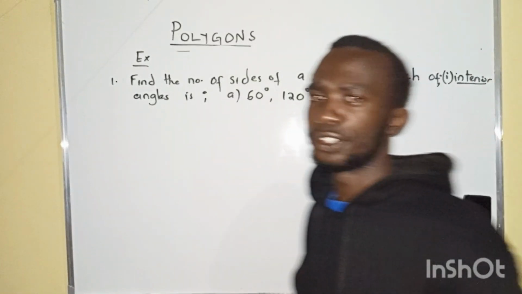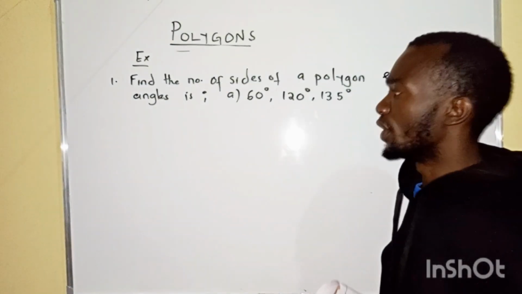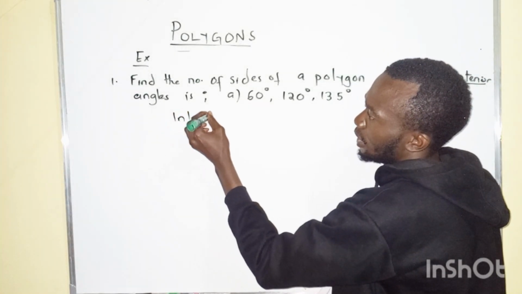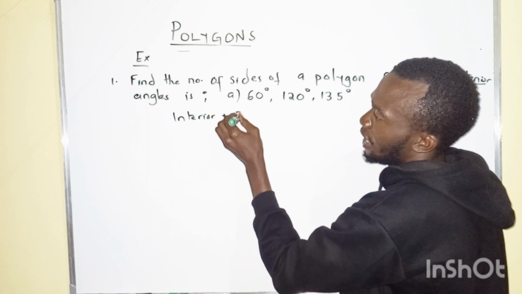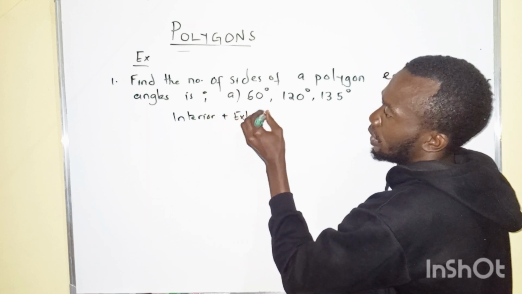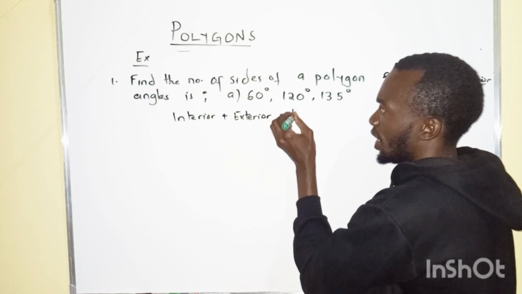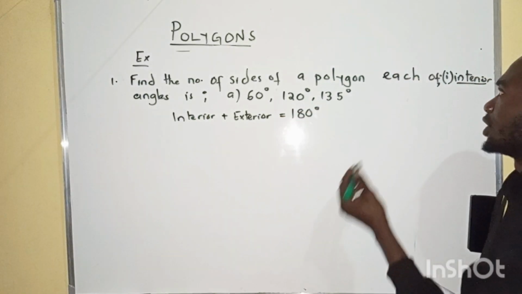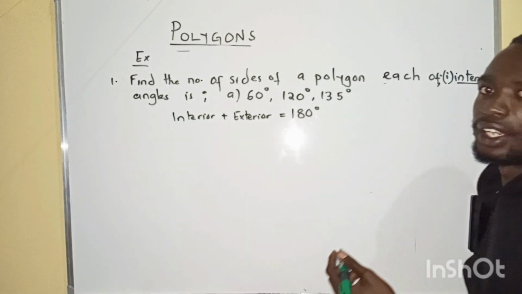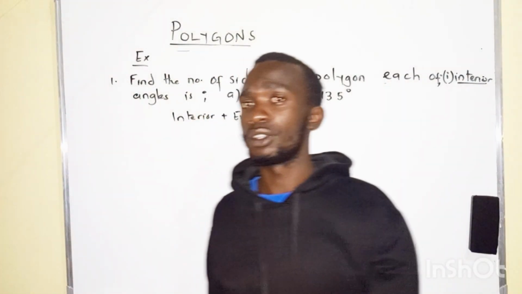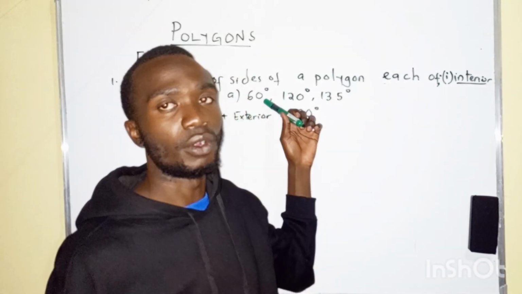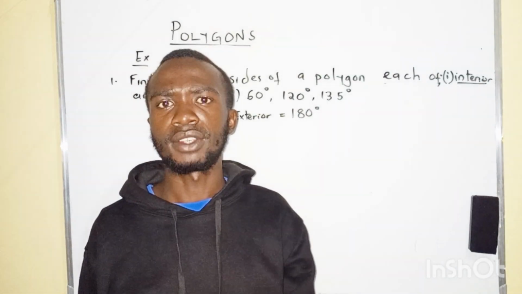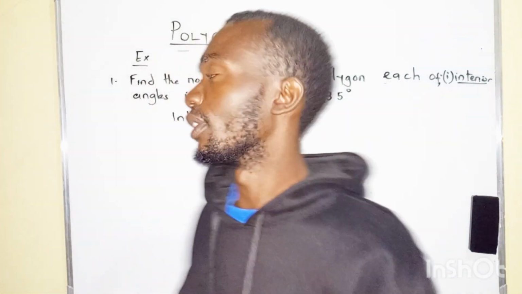Now how do we solve this question? We know that an interior angle plus an exterior angle should always give you 180 degrees. Because each and every interior angle is the given angle, I'm going to start at 60 degrees. Each of the angles is 60 degrees, so it is a regular polygon.